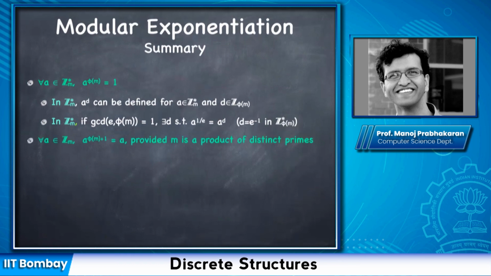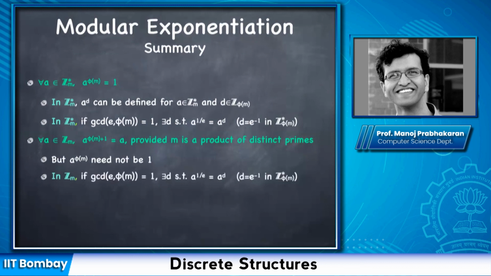Now, while this is not true anymore for all elements, for m which is a product of distinct primes, something similar is still true. That is, a to the phi m plus 1 equals a. In this case a to the phi m need not be 1 for many a's. However, this is still useful enough to find the eth root, provided E is co-prime with phi m.